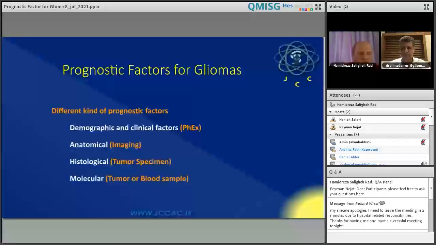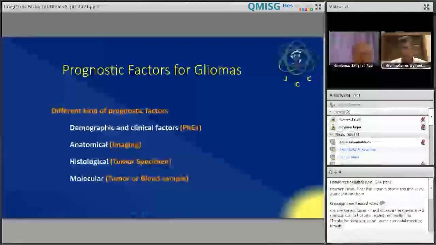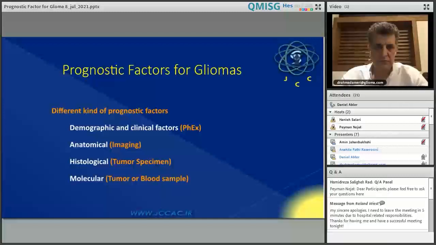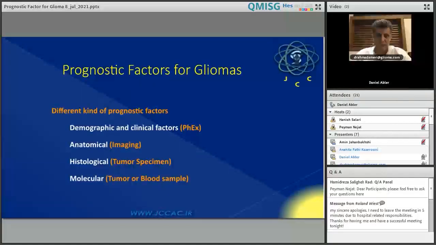Here, I would also like to say special thanks to Daniel for helping us organize this meeting very well, especially with Dr. Nejat and Ms. Salari from Afghan. So let us use the time and start with Dr. Ameri, neuro-oncologist, talking about glioma in imaging.